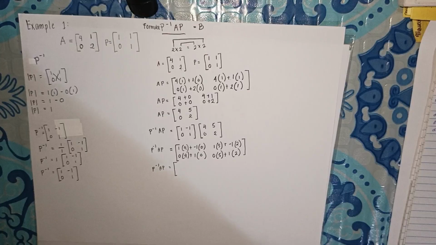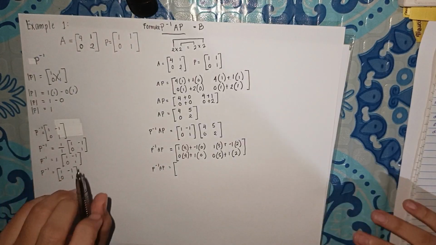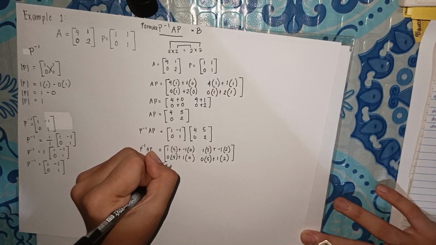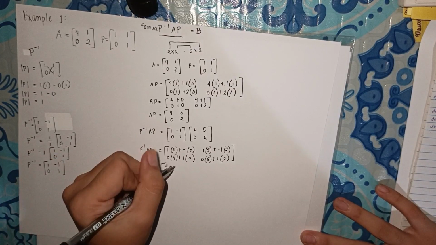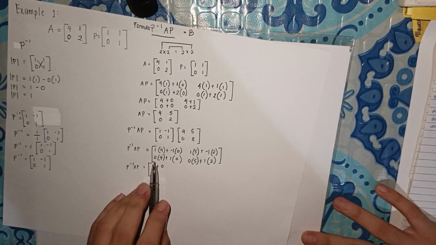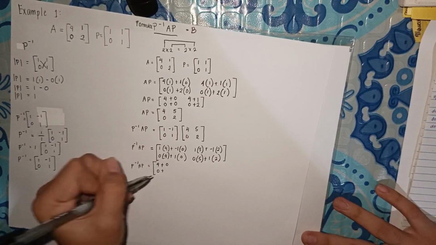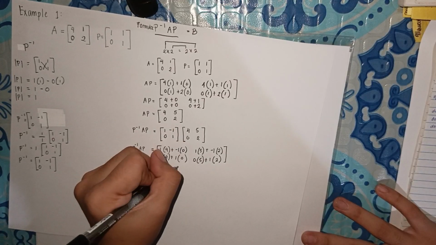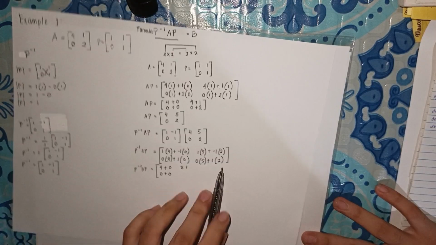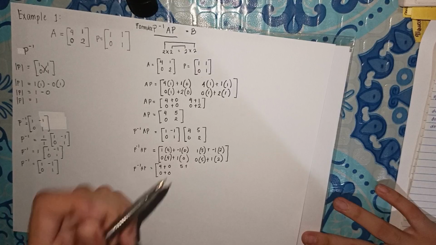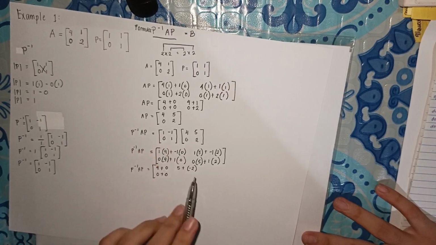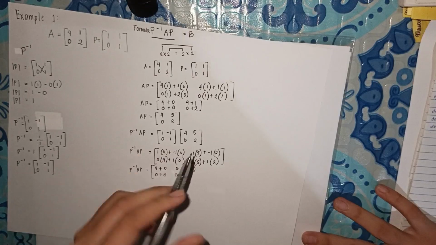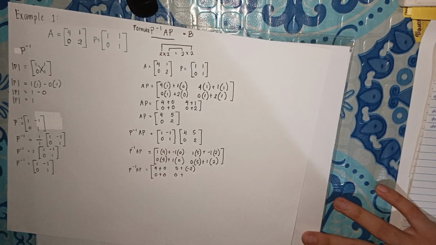Then next is to multiply. So, 1 times 4, 4, plus negative 1 times 0 is 0. 0 times 4 is 0 plus 1 times 0, 0. Then, 1 times 5 is 5 plus negative 1 times 2, negative 2. Then 0 times 5, 0 plus 1 times 2, 2.